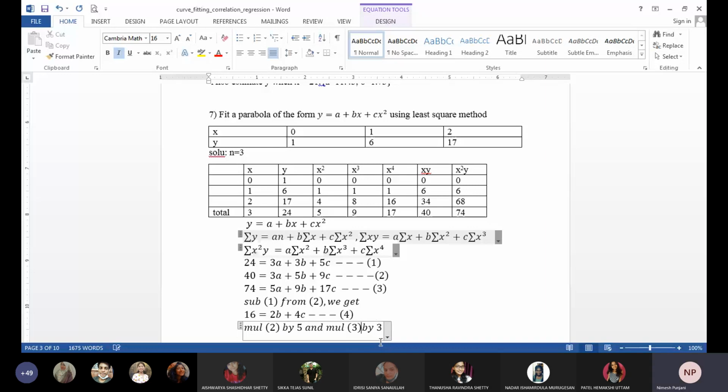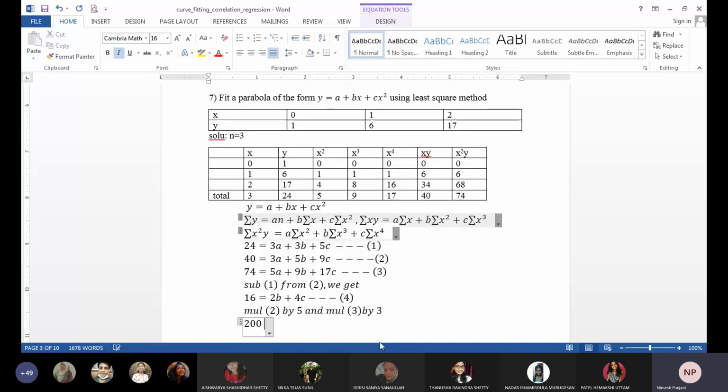Okay, multiply equation 2 by 5, so we get 200 equals 15a plus 23b plus 45c. This I will take as equation 5.